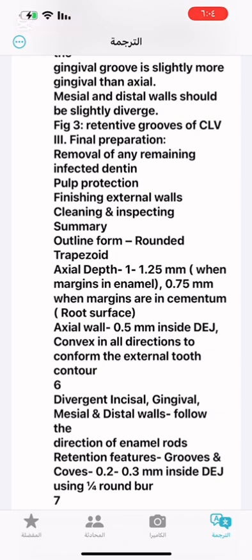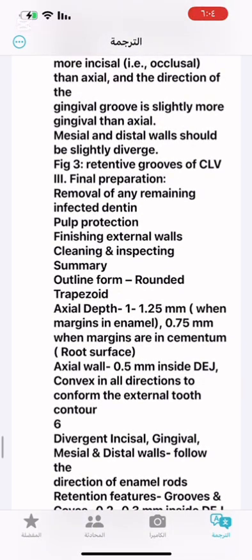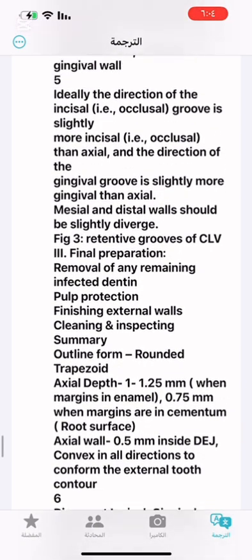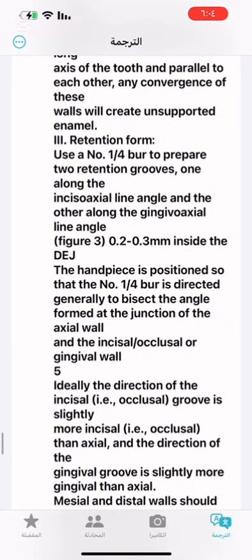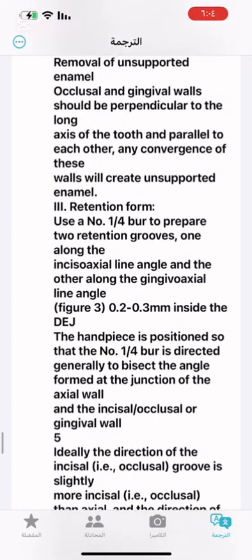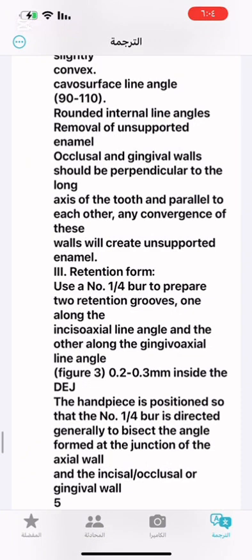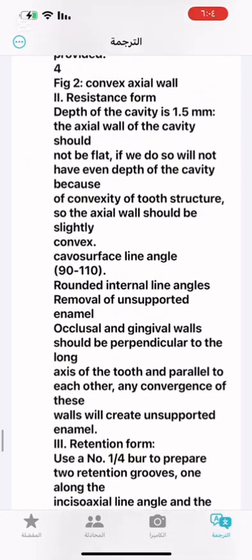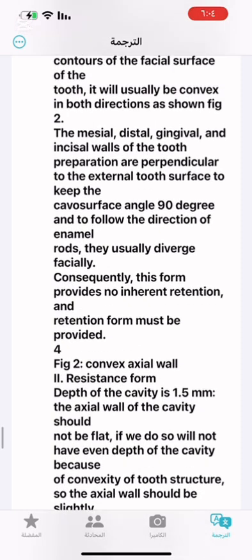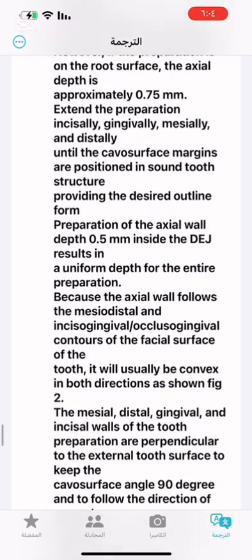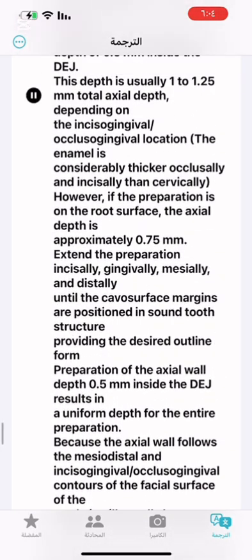Axial depth 1 to 1.25 mm when margins are in enamel, 0.75 mm when margins are in cementum. Root surface axial wall 0.5 mm inside DEJ, convex in all directions to conform to the external tooth contour.